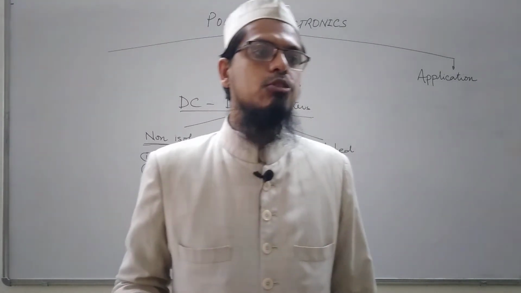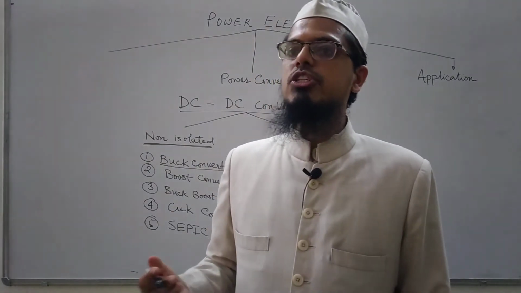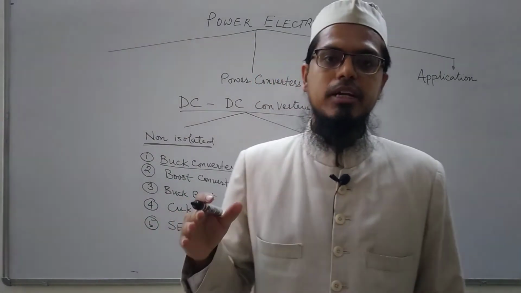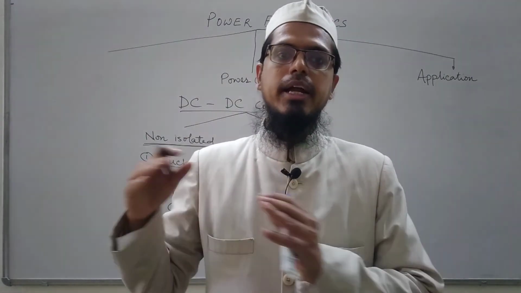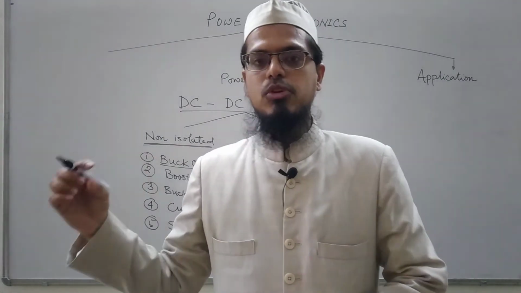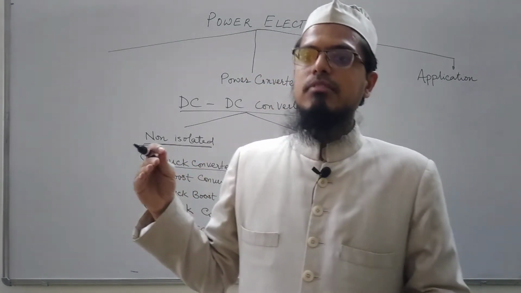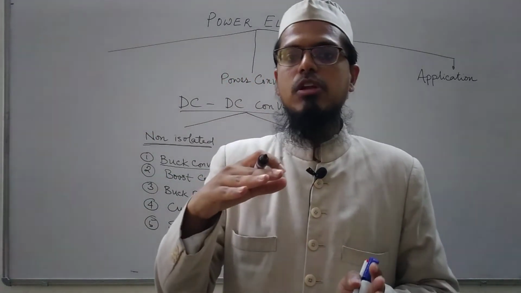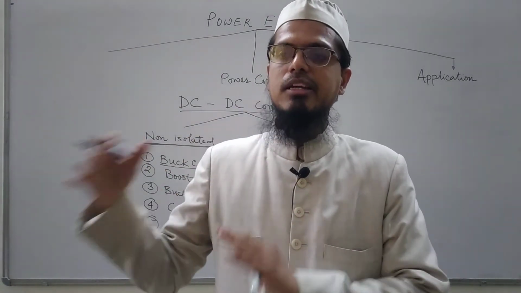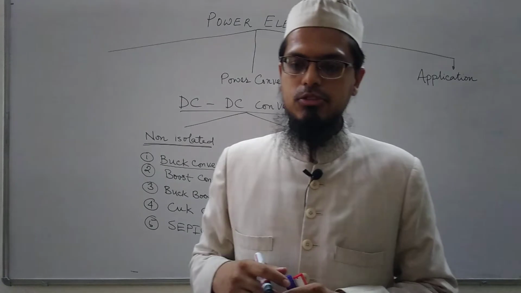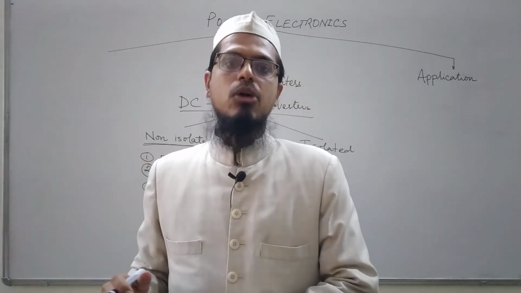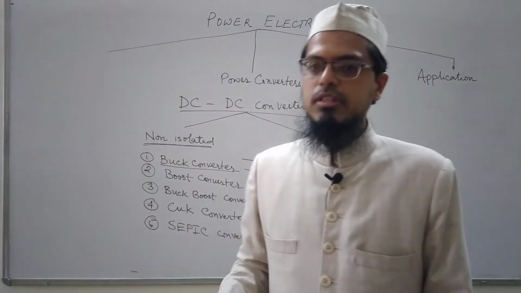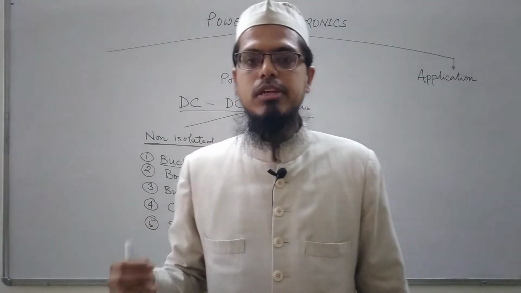If we intend to use that battery for charging our mobile which operates on 5 volts, charging has to be at somewhat higher, say 6 volts, but we cannot charge a 5 volt battery by directly connecting it to a 12 volt battery. So that voltage has to be brought down.